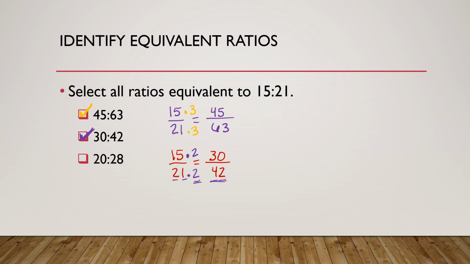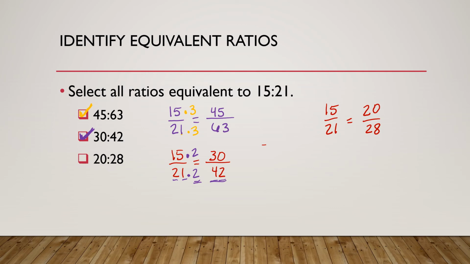Now we still have one more to check, so let's start back with our 15 to 21. And we're checking for 20 to 28. So this one, 15 times nothing is going to give me 20, at least not a whole number. So in this particular case, you may simplify the fractions if you would prefer. Let's try simplifying.